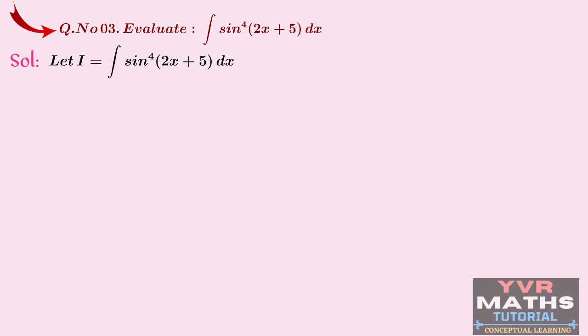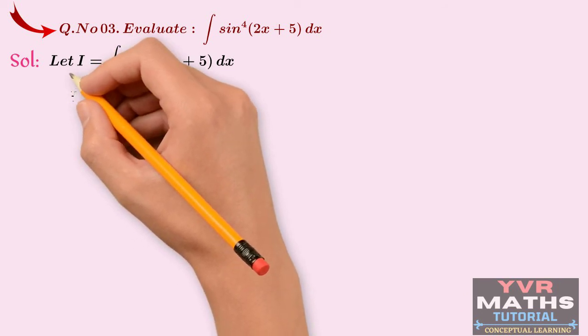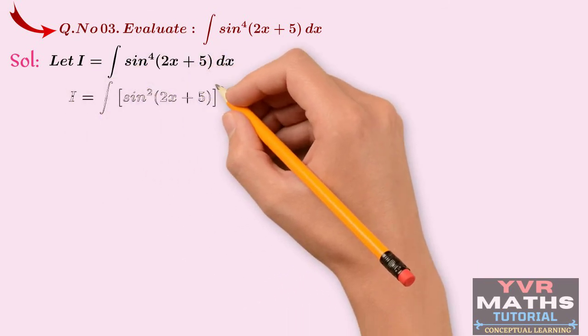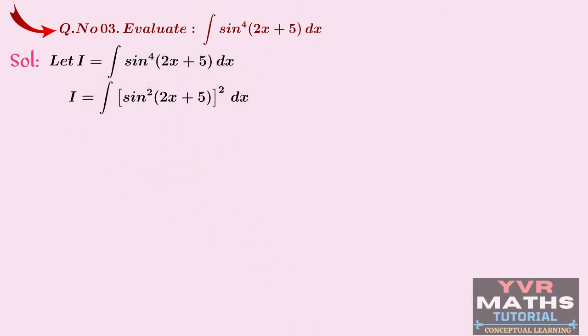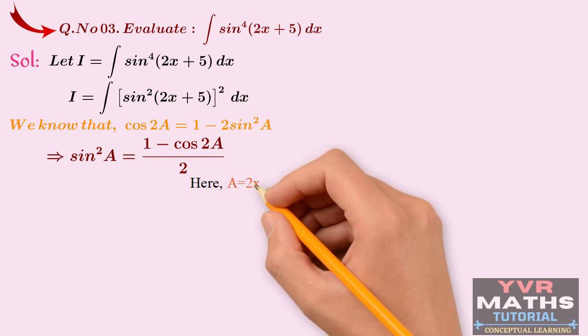Here sine power 4 can be written as sine square whole square. By using that concept, the next step is integral sine square 2x plus 5 whole square dx. From the trigonometric identities, we know the formula for sine square A. Sine square A formula is 1 minus cos 2a by 2. Here A is 2x plus 5.